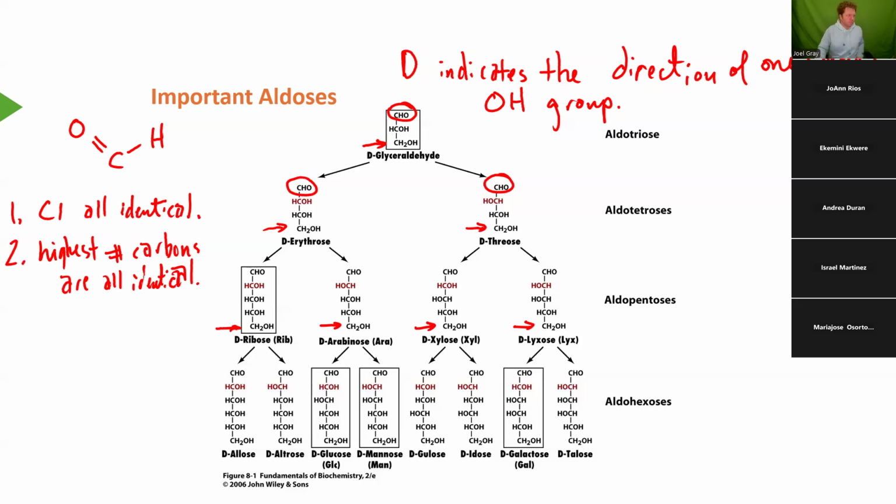So when we're looking at these, carbon number one and our highest numbered carbons, they're identical. So I'm going to cross those out. I'm going to cross them out on every single one of these molecules.